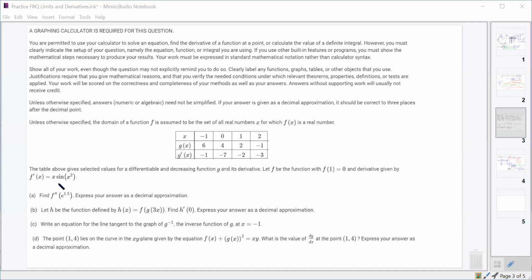We have 2 options. The first option is to take the derivative of x times sine of x squared, write it out explicitly, and then plug in e to the 1.5 power.